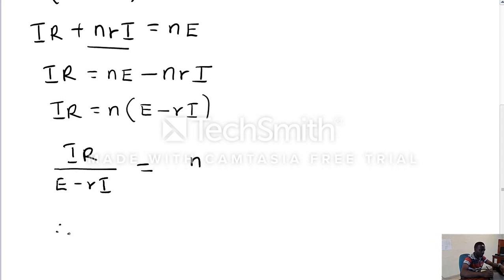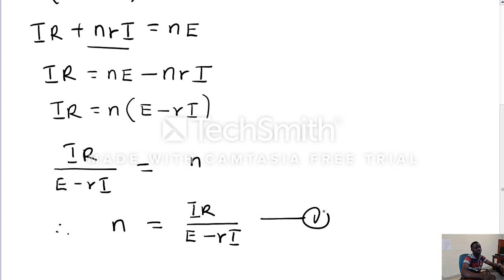So therefore n is equal to I r divided by E minus r I. So with this we have made n the subject of the formula.